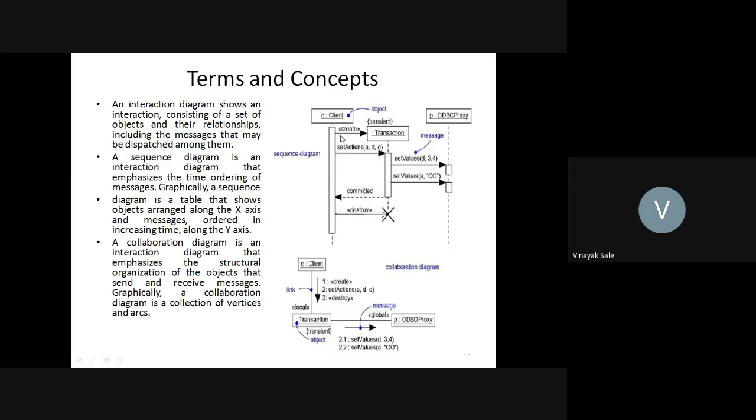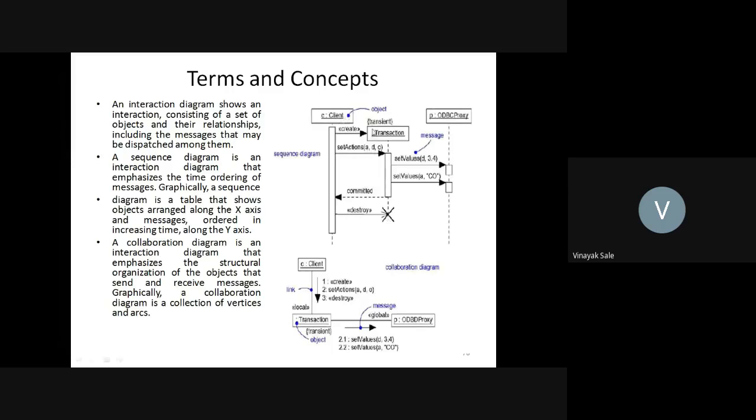See here in the structural diagram, you have first the create message, then set actions AD0, then from transaction to ODBC proxy, you have sent the message set value D3.0. Then from transaction you also send the message set value AC0. Then from transaction you have sent committed, and from client to transaction you send destroy the connection.